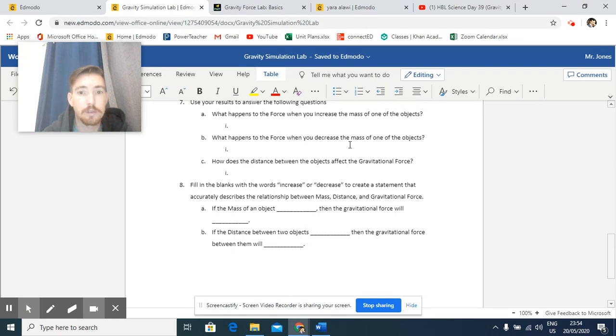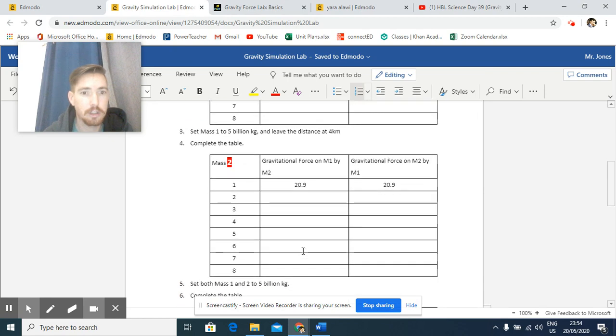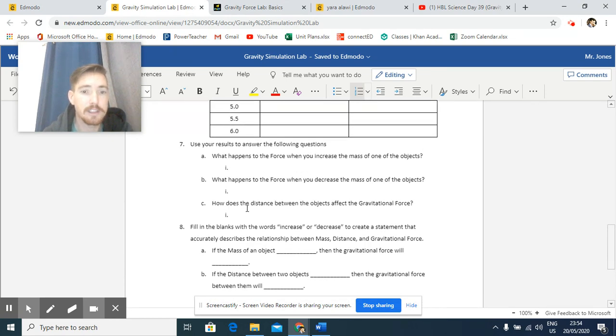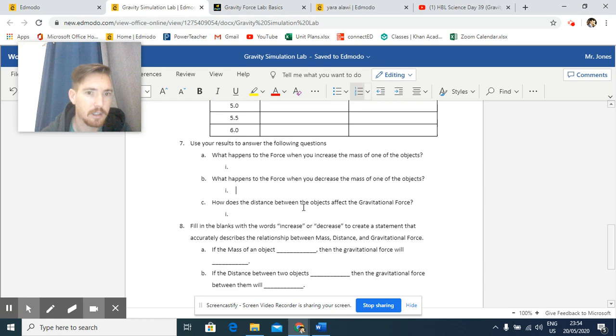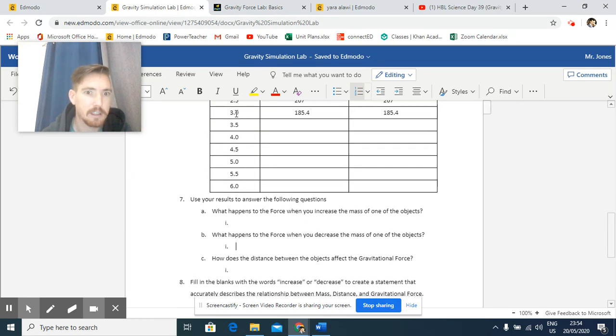What happens to force when you decrease the mass? So as these numbers decrease, do these numbers get bigger or smaller? And then the last question, how does the distance between the objects affect the gravitational force? So if this gets bigger, what happens to this?